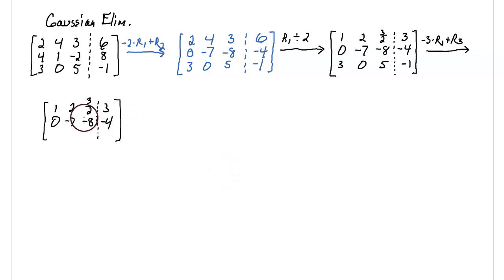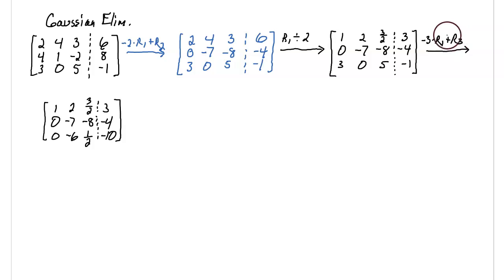When performing this row operation, row 1 and row 2 will not change, but row 3 will change. -3 times 1 is -3. -3 add 3 is 0. -3 times 2 is -6. -6 add 0 is -6. -3 times 3 halves is -9 halves. -9 halves add 5 is 1/2. -3 times 3 is -9. -9 add -1 is -10.